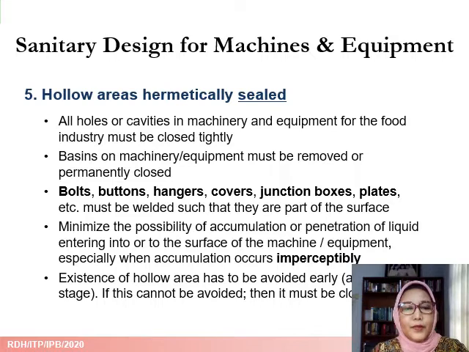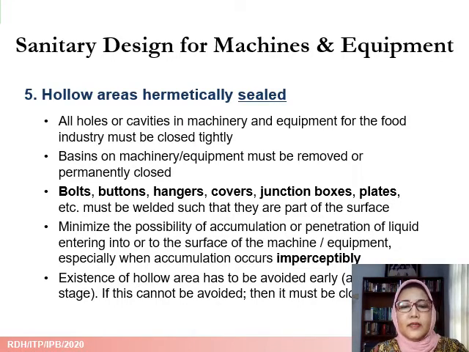The fifth principle requires that hollow areas are hermetically sealed. All holes or cavities in the machine or equipment must be closed tightly. Basins on machinery or equipment must be removed or permanently closed.